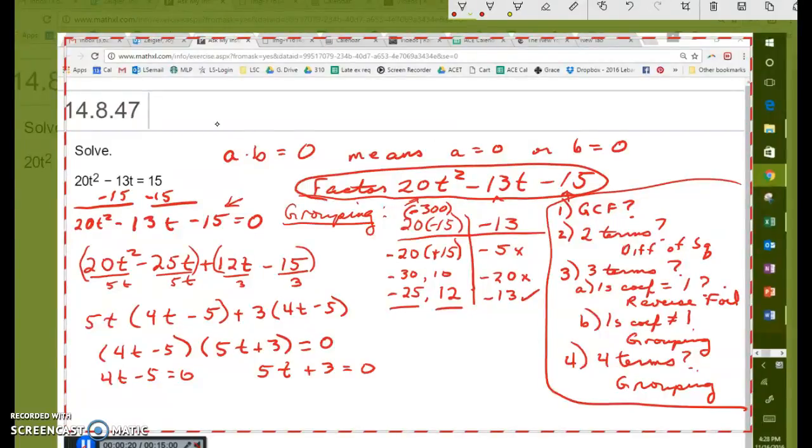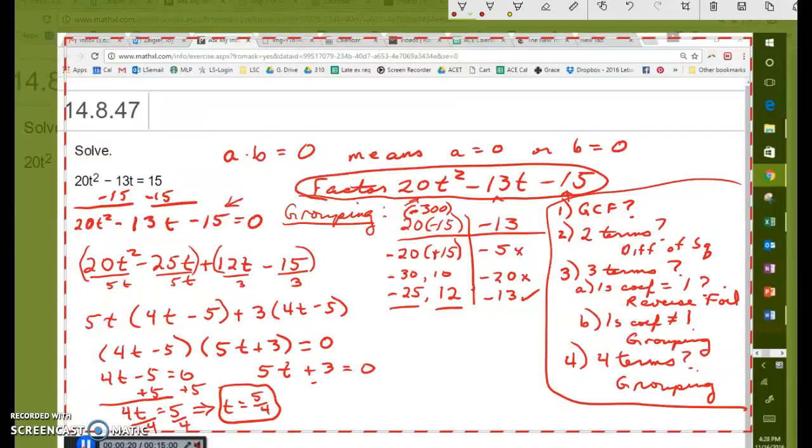So now we can solve each of these equations. I'll break it up every step. First we add 5 to both sides, and we get 4t equals 5, and then we divide both sides by 4, and we get t equals 5/4.